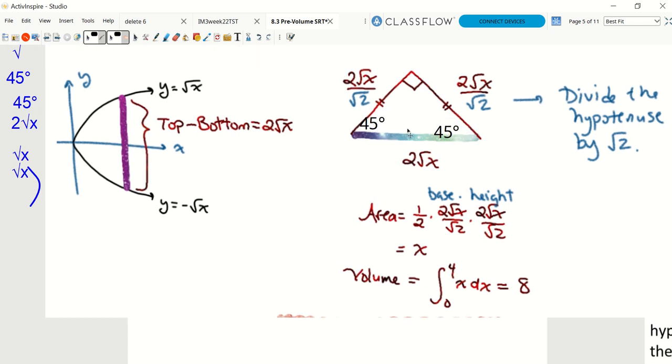Now, do you agree that the distance between pink to pink is going to be a clean root x? Do we agree? Okay.